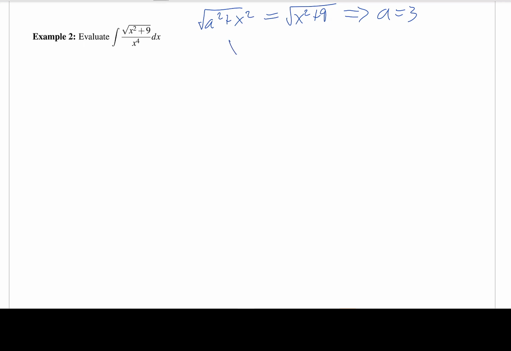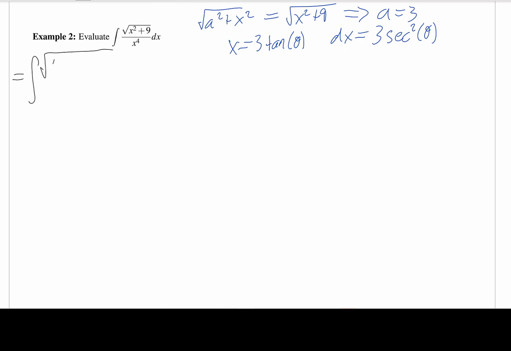So I'm going to be using x equals 3 tan theta, which tells me that dx is going to be equal to 3 secant squared theta. So now we'll make our substitution. So this should be the square root of x squared.